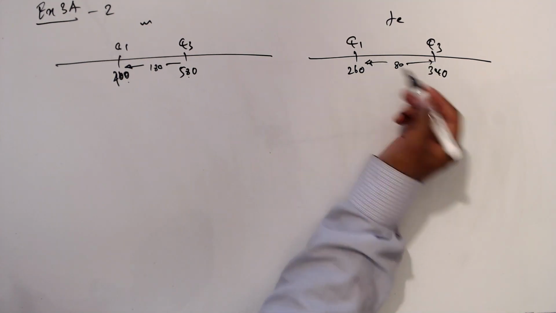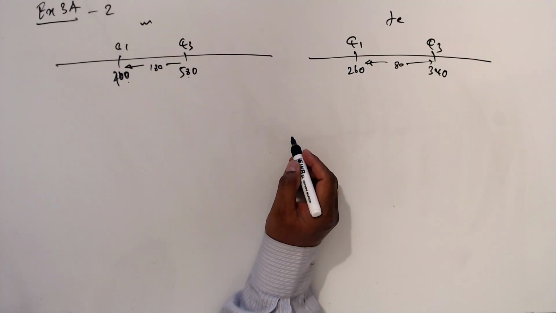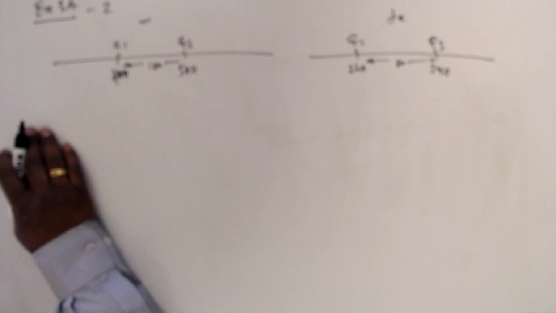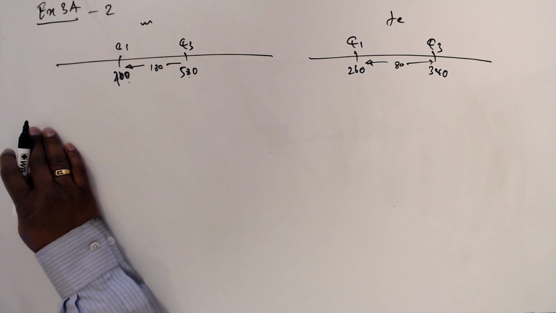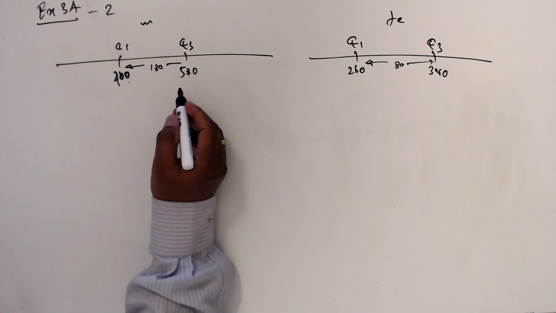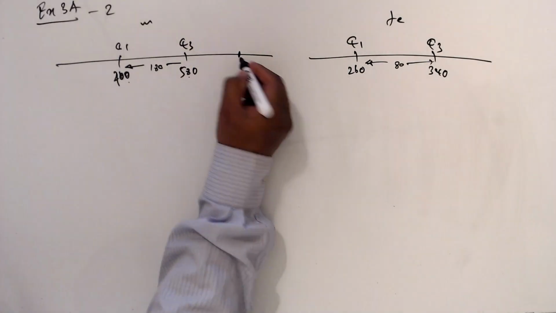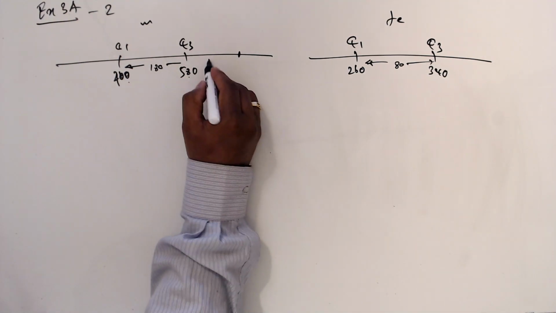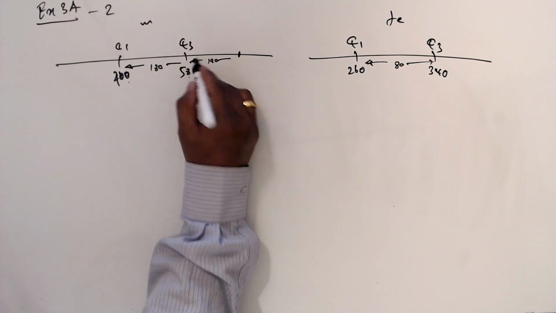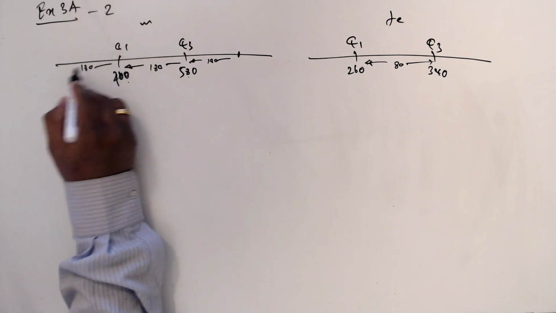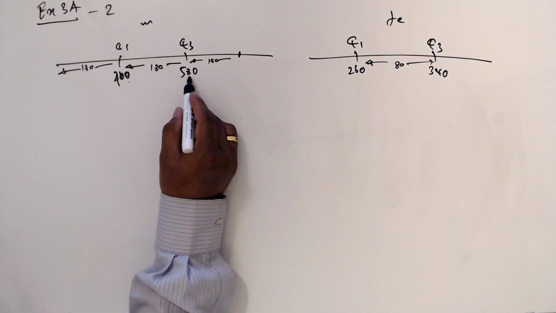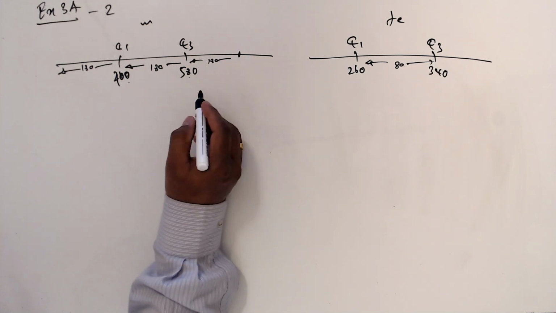So IQR is 80, and so it is 1 times interquartile range. So I want to add to get this boundary to 180 away, and this is also 180 down.